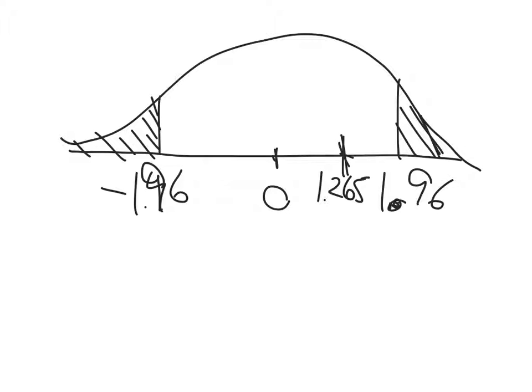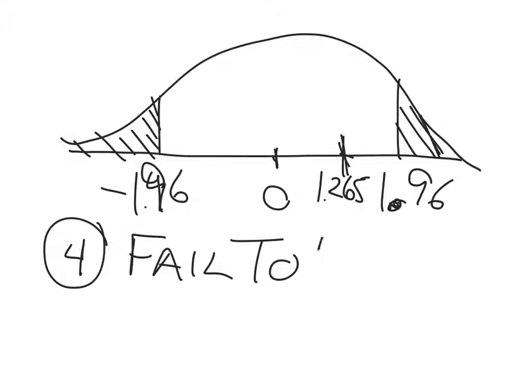So, if z star is greater than 1.96, is it greater than 1.96? No. Is it less than negative 1.96? No. So we're going to fail to reject H0. And again, another way to think of it, if it's in the shaded region, you reject. If it's in the unshaded, you fail to reject. Okay? And that's true no matter what the case is. So it's fail to reject H0.